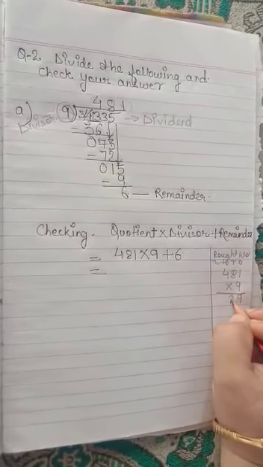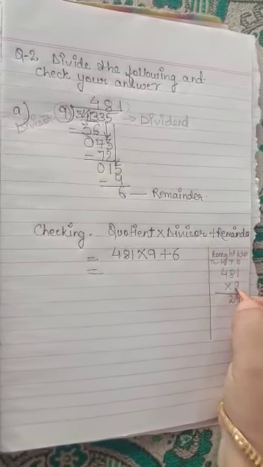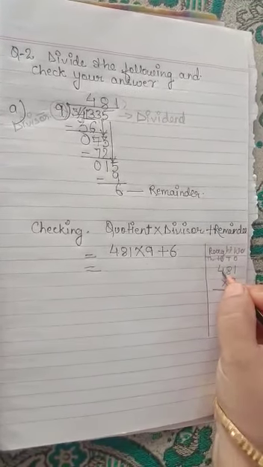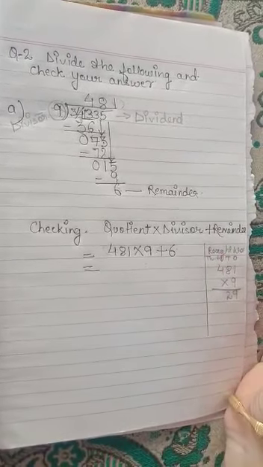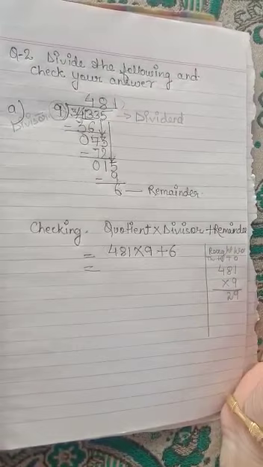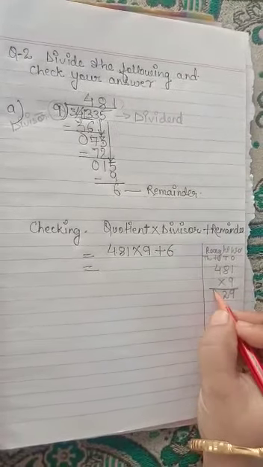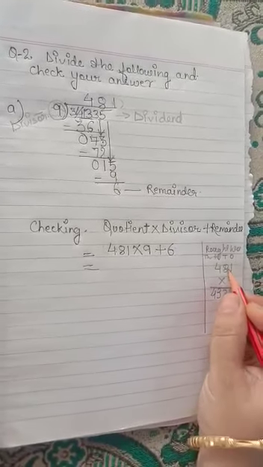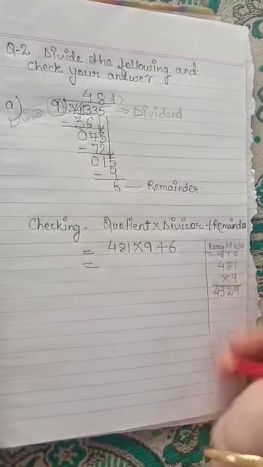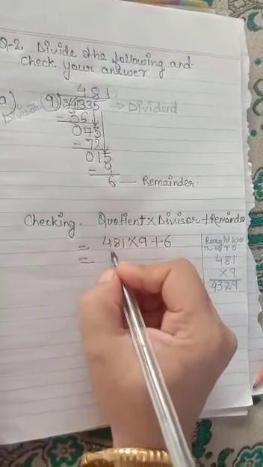We'll write 1 and carry 7 over here. 9 fours are 36. 36 plus 7 is equals to 43. We are having 43. जब 481 को 9 से मल्टीप्लाई करेंगे तो we'll get 4329.